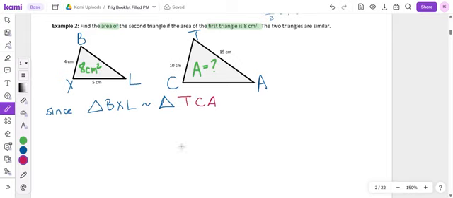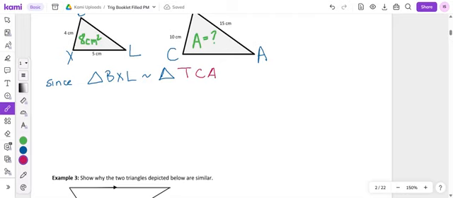So folks, what we can say is since they are similar, we can compare them. I can say the area of triangle BXL over the area of TCA, right?